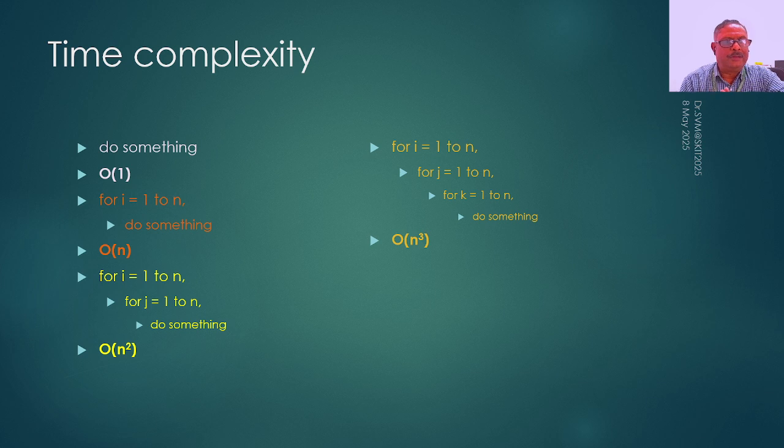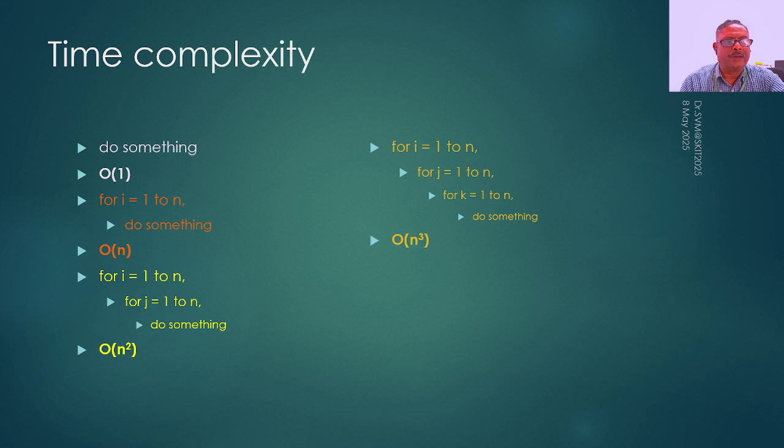Now, if we look at just these four different operations, what can we say if there are, say, 1,000 numbers?